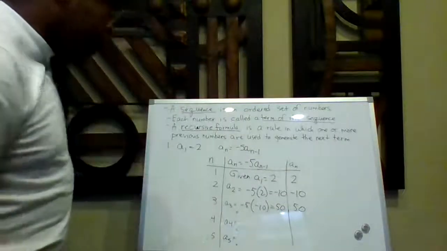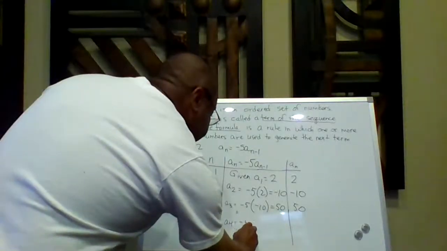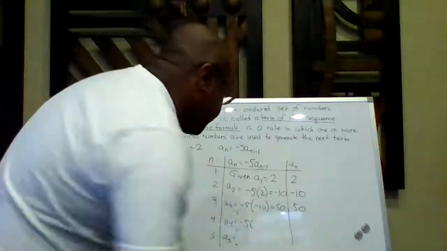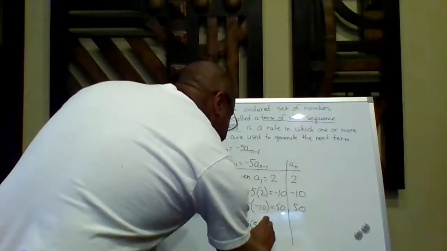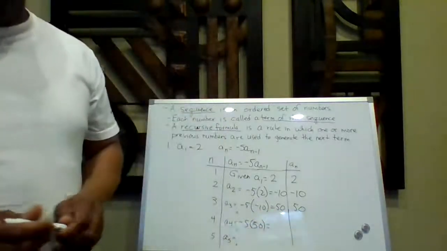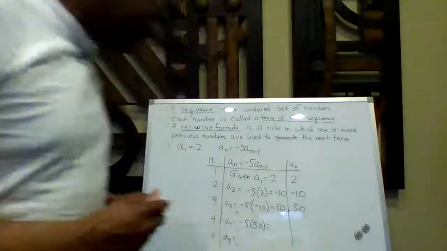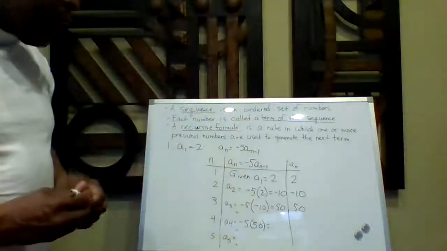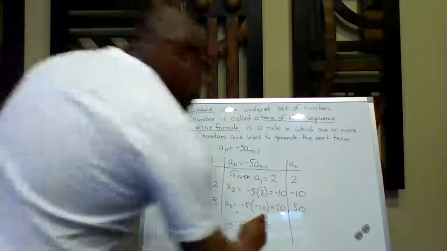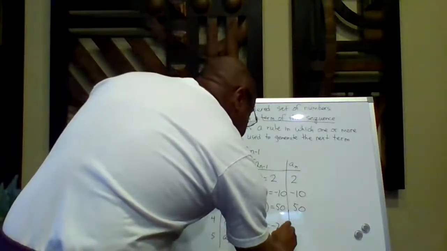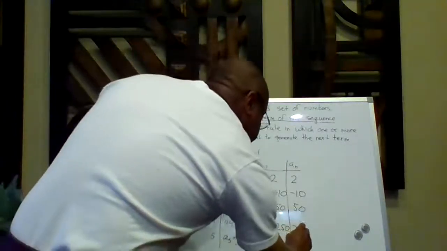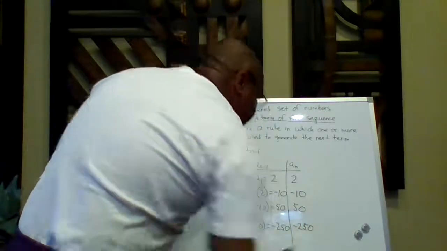A sub 4, I'm looking at negative 5 times 50. Negative 5 times 50, we're looking at negative 250. So a sub 4 is negative 250.